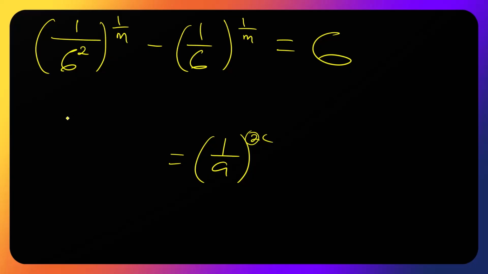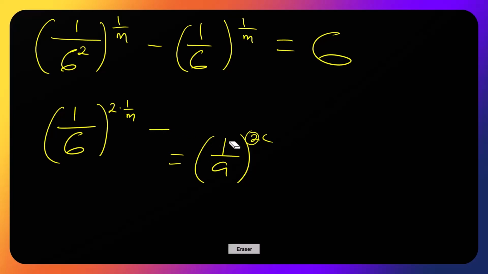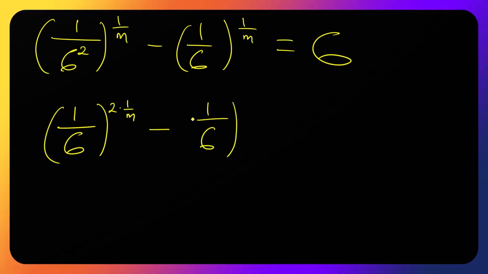That will make it 2 times 6 raised to 1 on m, minus 6 raised to 1 on m, equals 6.